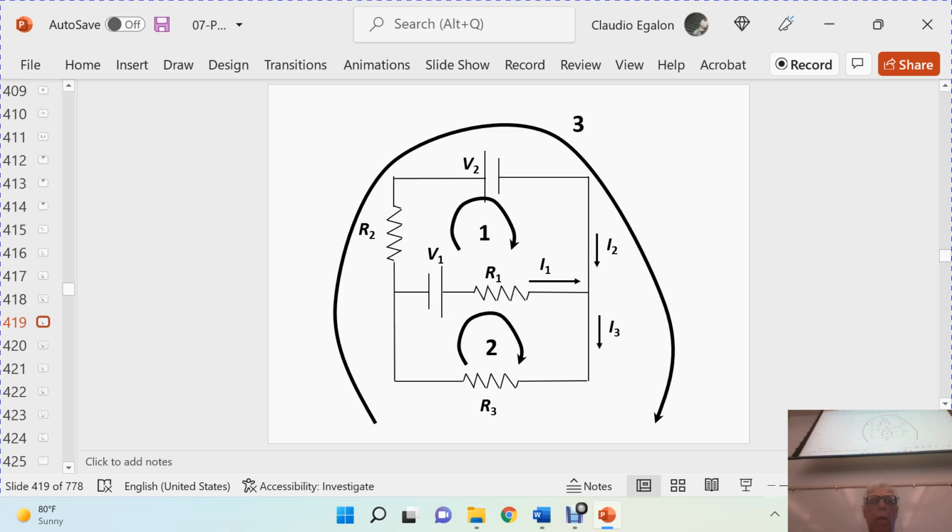I'm setting up the current number 1 coming from this battery, pumping current in this direction. The second battery is pumping a current in this direction. Because there is a junction right in here, currents 1 and 2 are going to combine and become I3. Okay, we can say that.